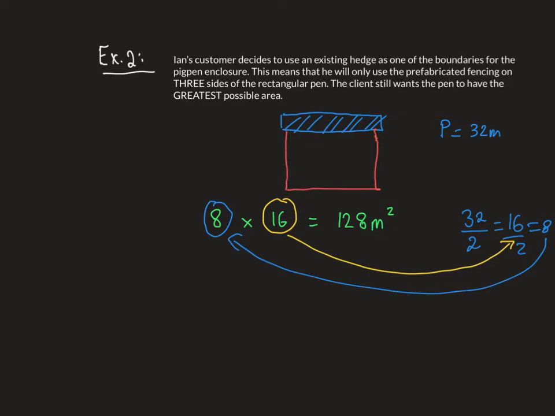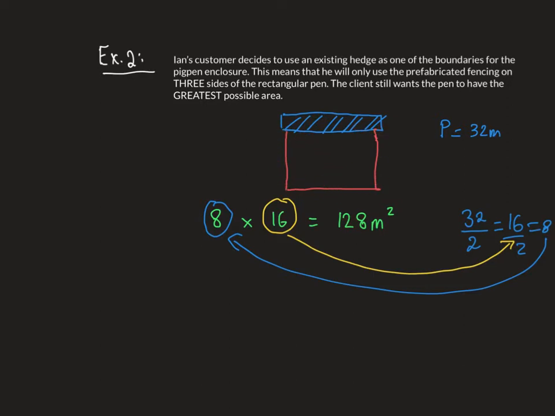So overall, what is my rule here? Well, the rule is your length, or your width, could be either one, needs to be double the other one for you to have a maximum area when you're only dealing with 3 sides.